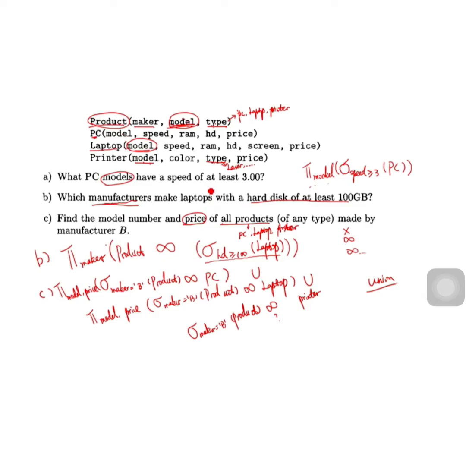We just want to join product and printer by model. So we cannot use natural join. We use cross join and then selection, or we use theta join. Now we can use theta join here.